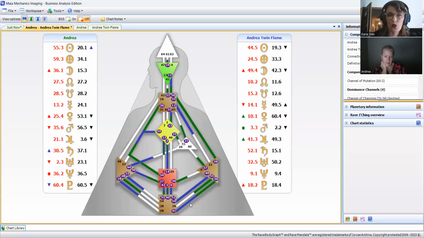It's the only gate in the whole system that combines love with sexual desires. The other ones can be platonic love, all of them. Okay. This one combines love with sex and desire and talks about I need to experience it in order to feel it. Okay.